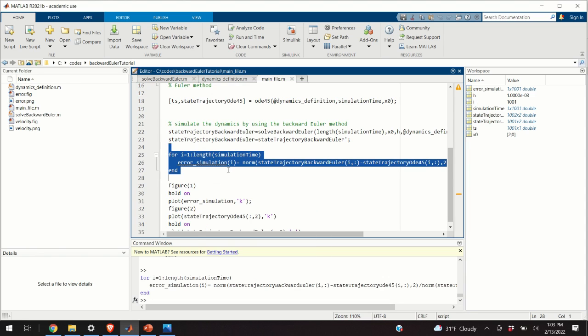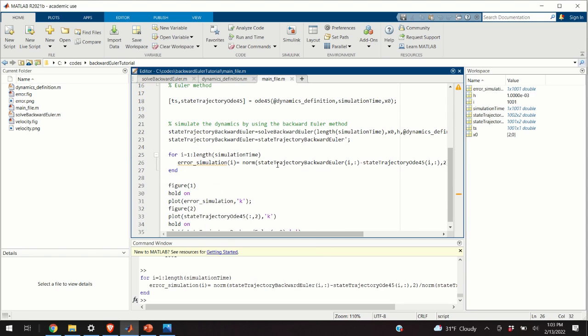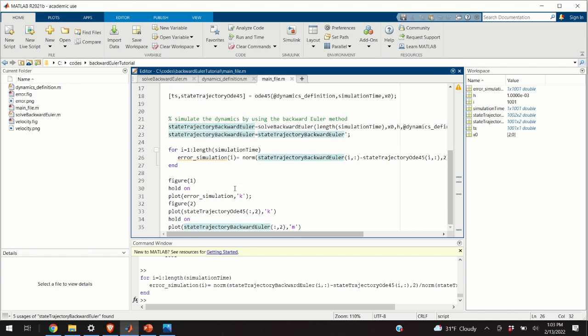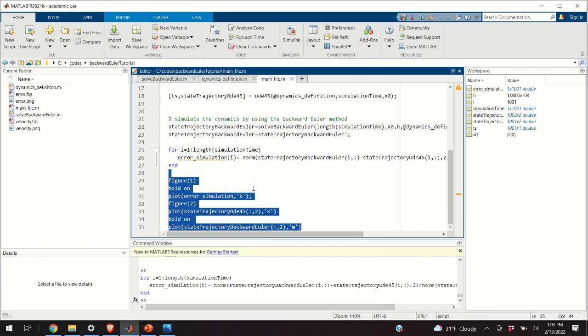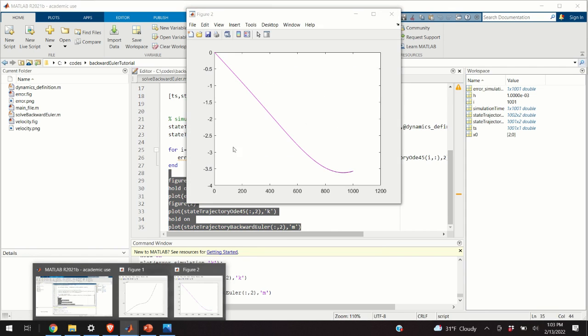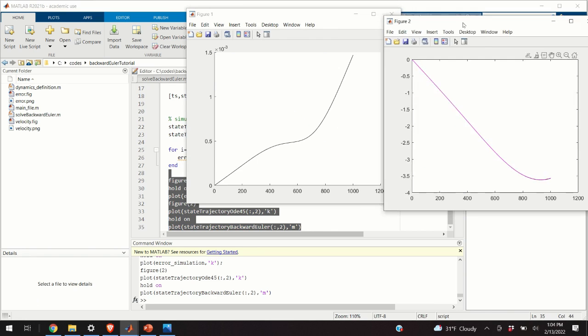Now, to plot the solution, we will first compare the results. So I will compute the relative error between the trajectories obtained by using the ODE45 function and the backward Euler method. This is my error simulation, and then I will plot the results. So let's see what we get. Okay, so here's the first graph.